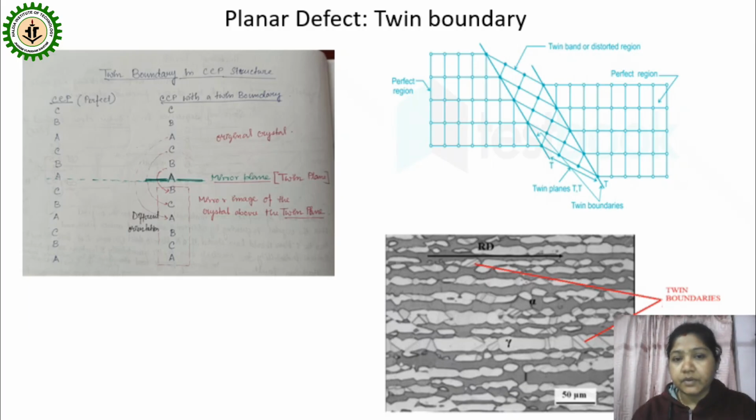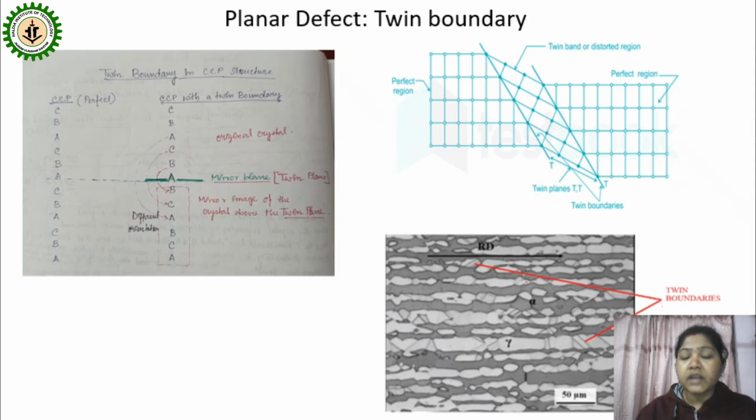Now come to the twin boundary. Twin boundary is sometimes called a mirror boundary. There is a perfect region on the left side and a perfect region on the right side, and in between there are two lines. These two lines are called twin planes or twin boundaries, and twin boundaries never happen alone.